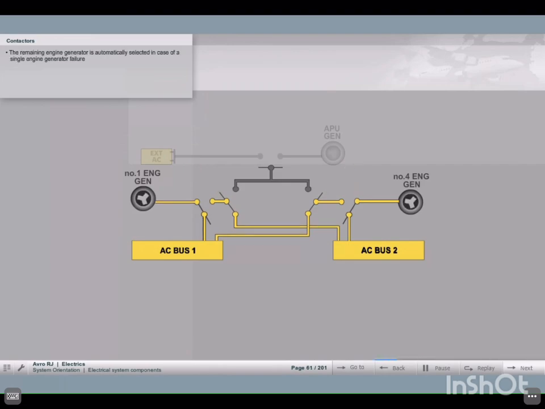If a generator fails, the contactor system will then automatically select the remaining generator to power both channels.